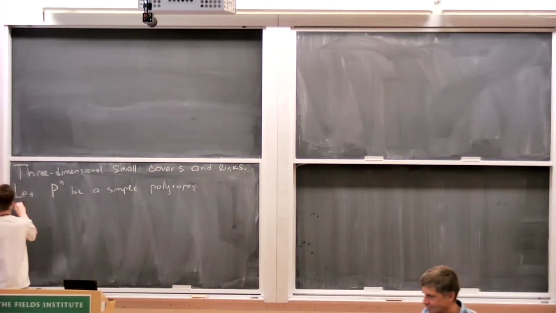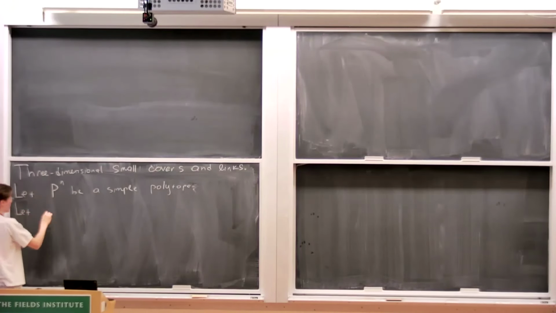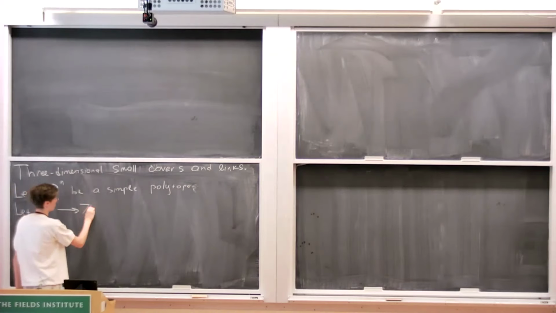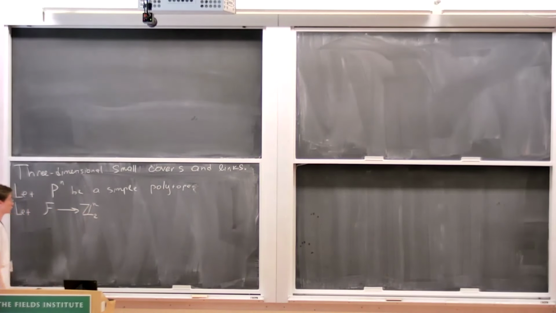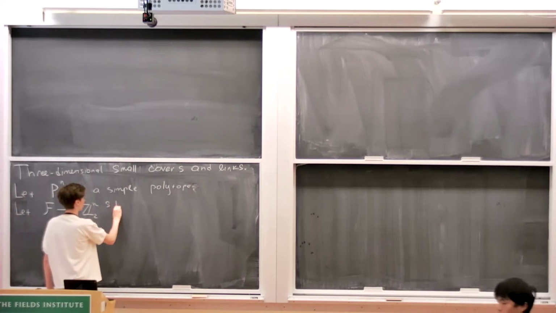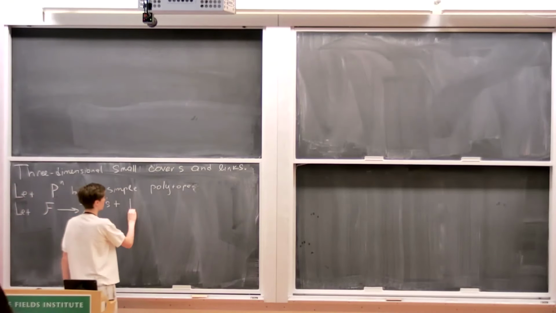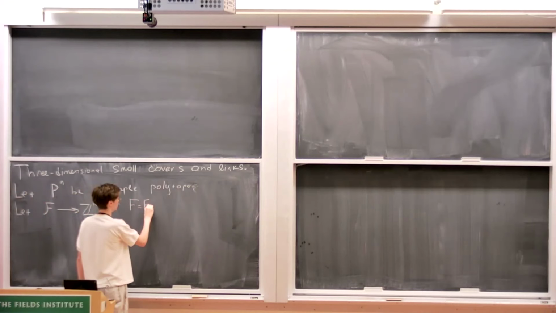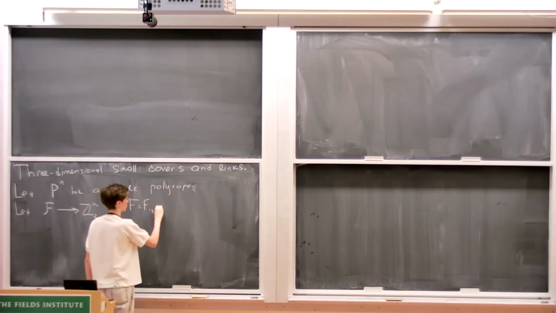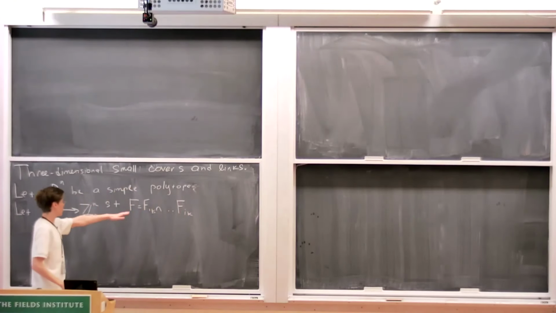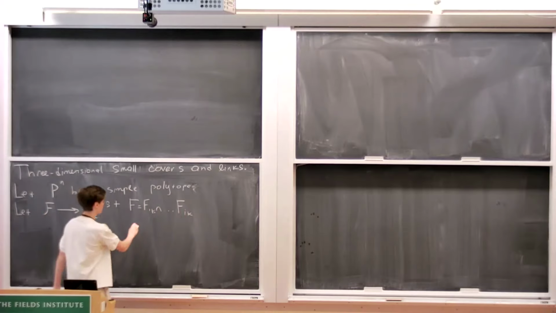We also need a map from the set of all facets, the codimension one faces, to the group Z mod 2, such that for any face in P that is an intersection of some facets, because again it's a simple polytope, so any face is an intersection of facets, the corresponding vectors for these facets are linearly independent.